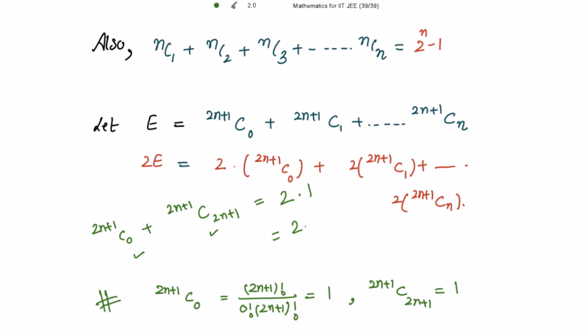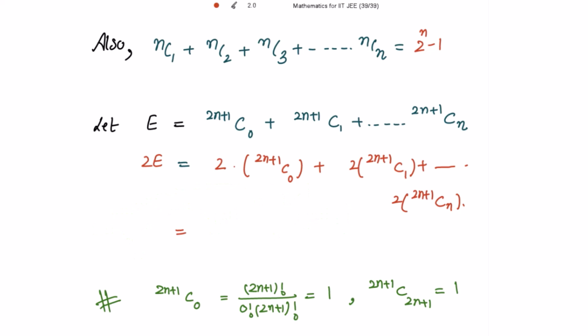So, can I write this as twice 2n plus 1C0? Is it correct? Right? Okay. So, what I'm going to do is, instead of twice 2n plus 1C0, I'm writing 2n plus 1C0 plus 2n plus 1C(2n plus 1). Right? In place of this term, I'm writing the sum of these two terms. Is it okay? Alright.